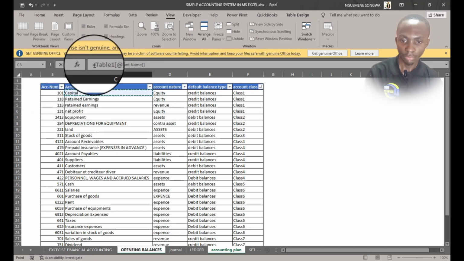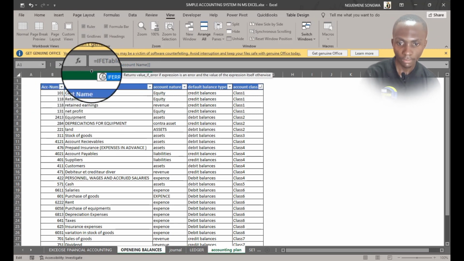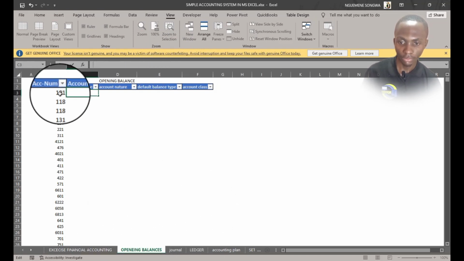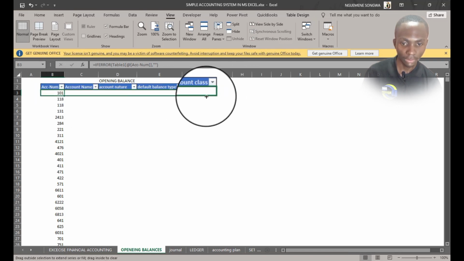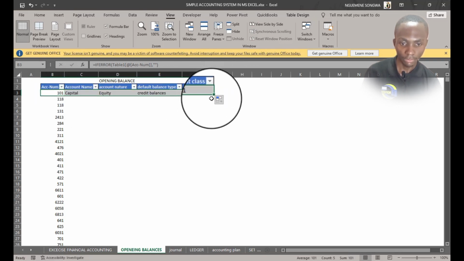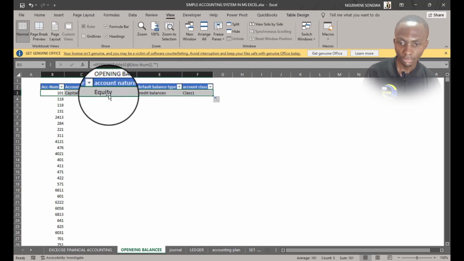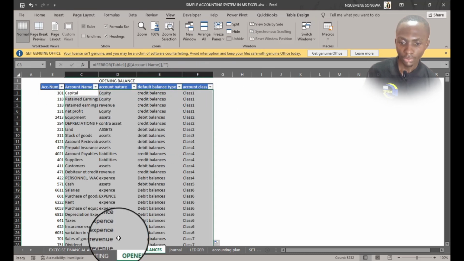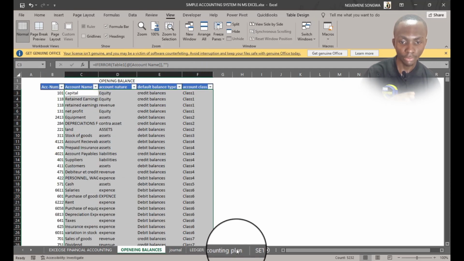And I'm going to put the IFERROR function, or I could just autofill too. I could just autofill like this and take it this way. Good. So these cells are just going to be looking up to the chart of accounts.